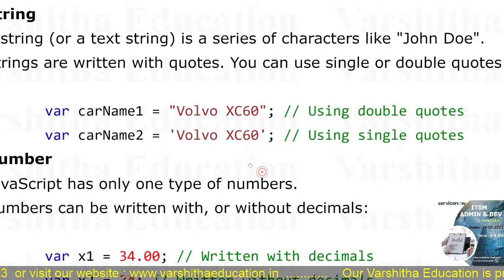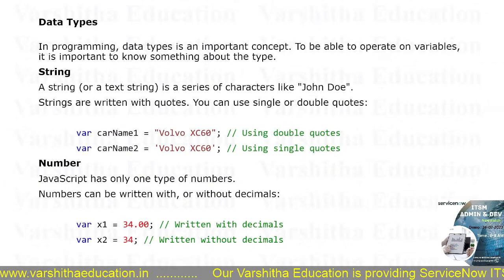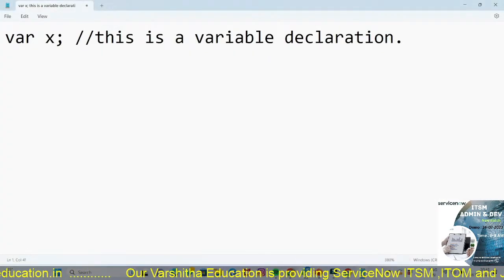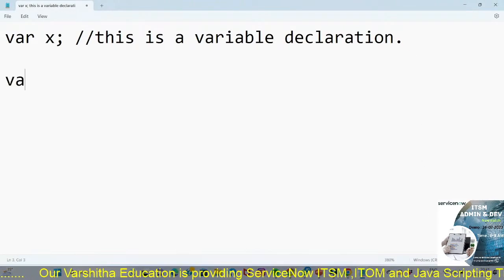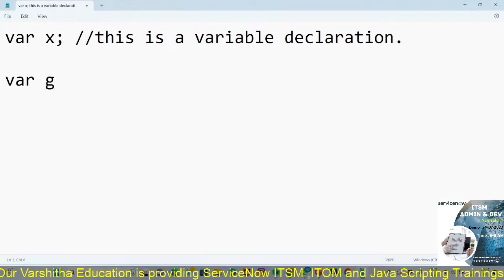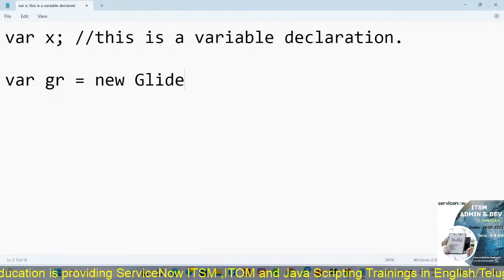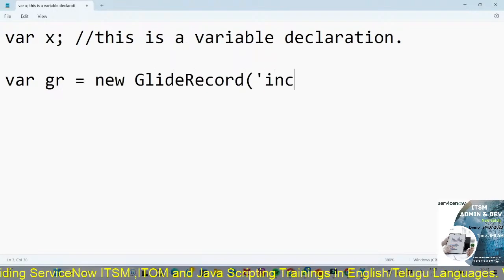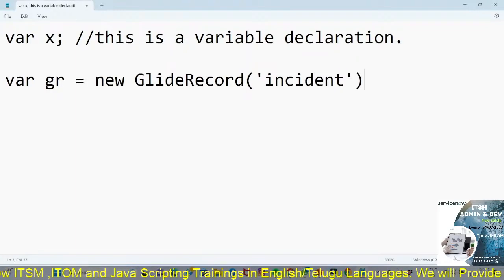Why? Because single quotes are used for the declaration of your variables. For example, in a code I already wrote: gr equals new GlideRecord, and in single quotes I gave incident.